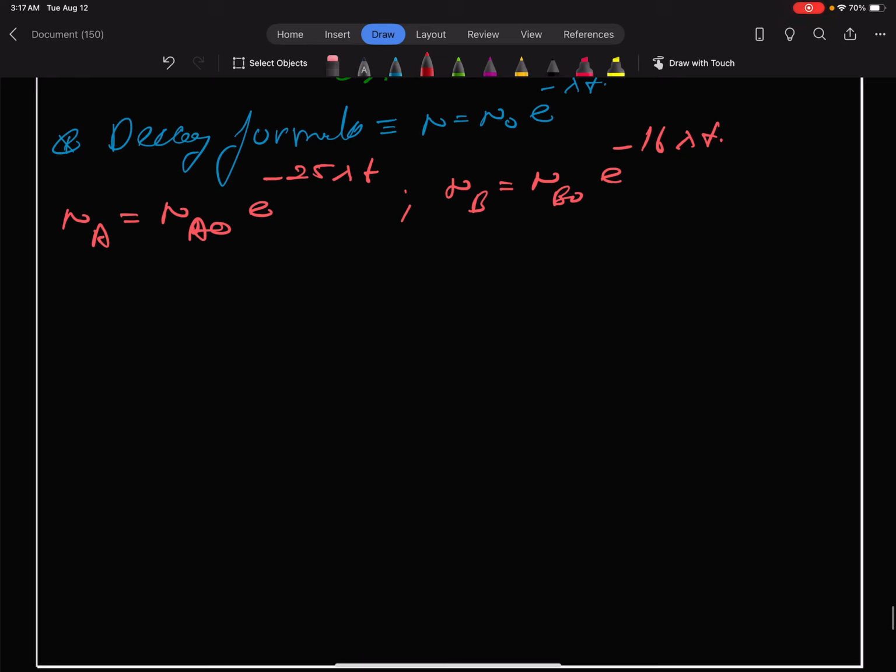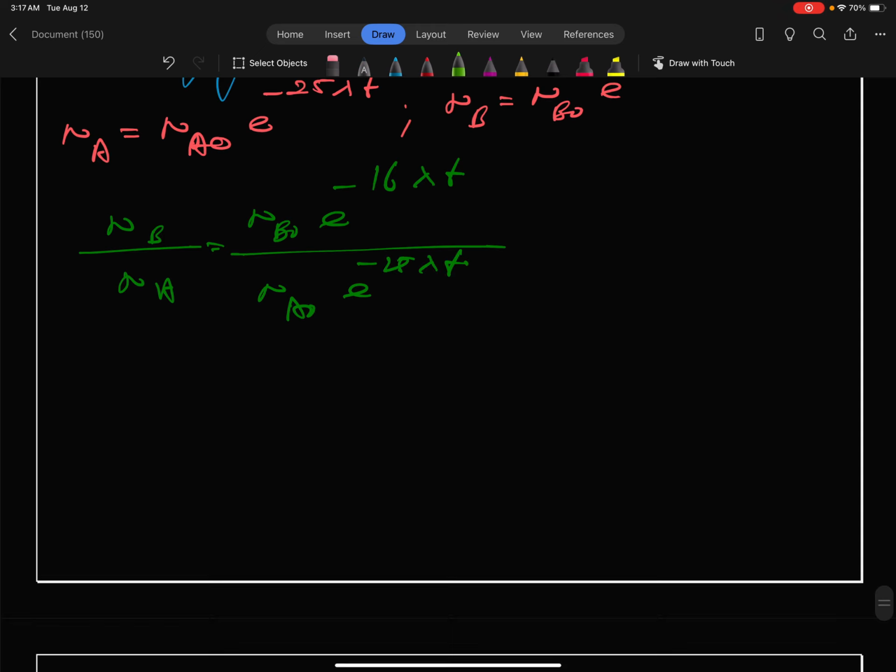We take the ratio Nb upon Na, which is Nb naught e raised to power minus 16 lambda t over Na naught e raised to power minus 25 lambda t, and Nb naught and Na naught are the same, so we get e raised to power minus 16 plus 25, giving us 9 lambda t, and this ratio is said to be equal to e.